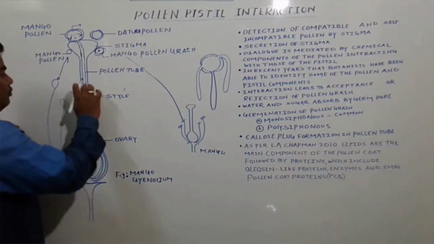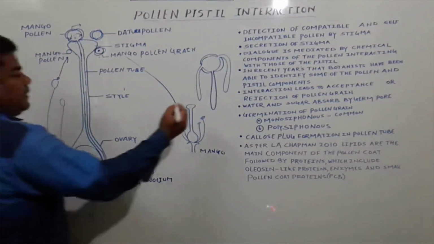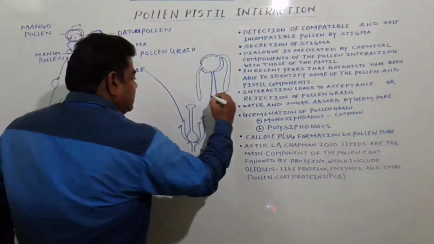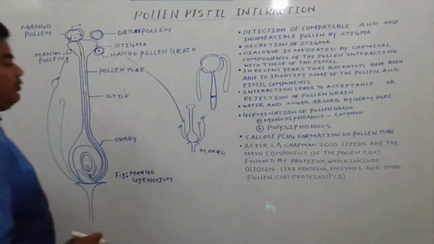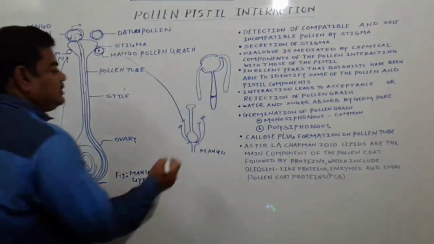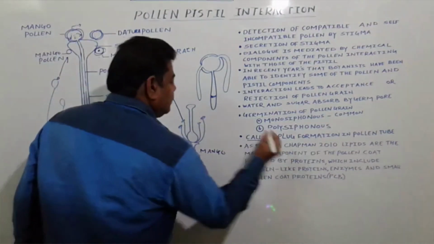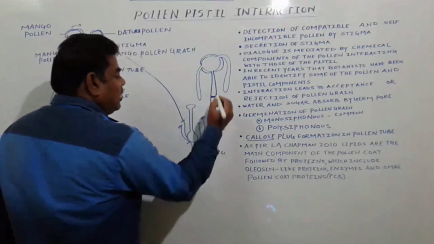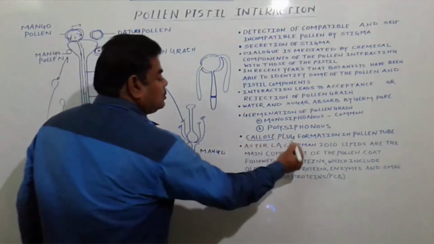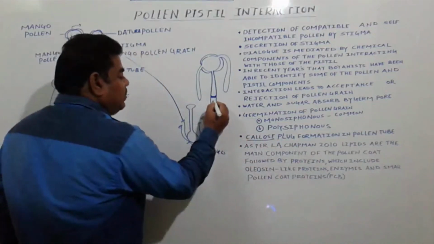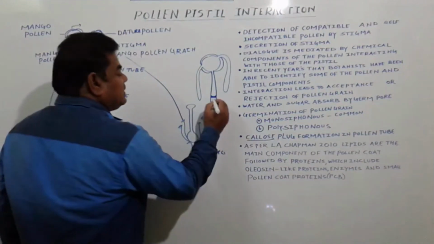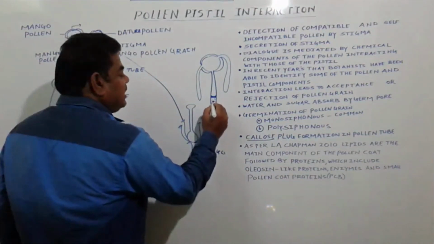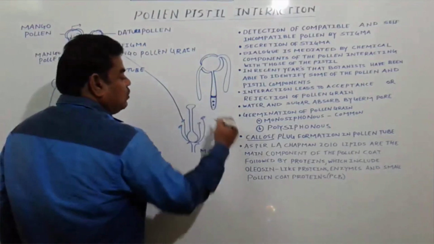When it moves forward, it forms a plug which is made up of callose. We call it a callose plug. And here are the two male gametes, and cytoplasm remains as it is inside the callose plug.